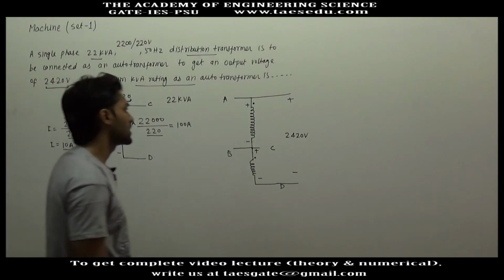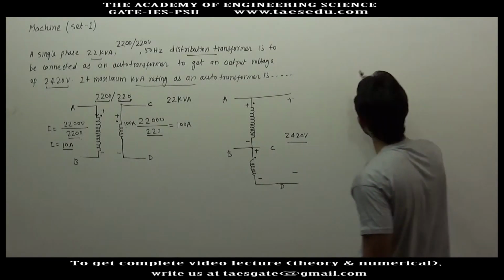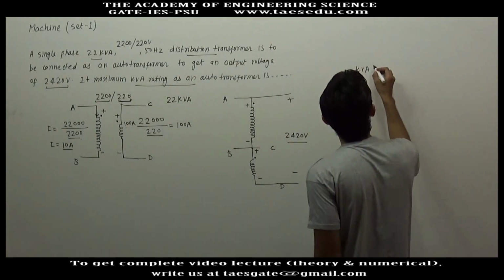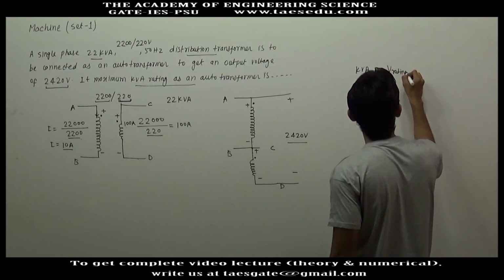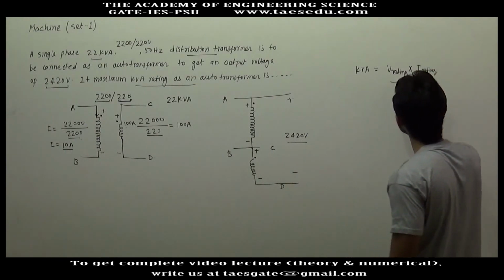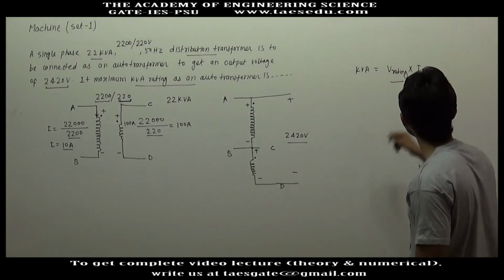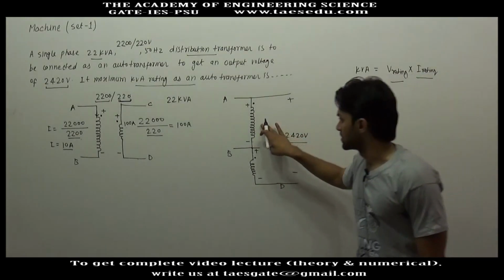This is the output terminal. Now to get the kVA rating of this autotransformer, the kVA rating is the voltage rating into the current rating: the maximum voltage that this transformer can sustain into the maximum current that the windings can sustain.